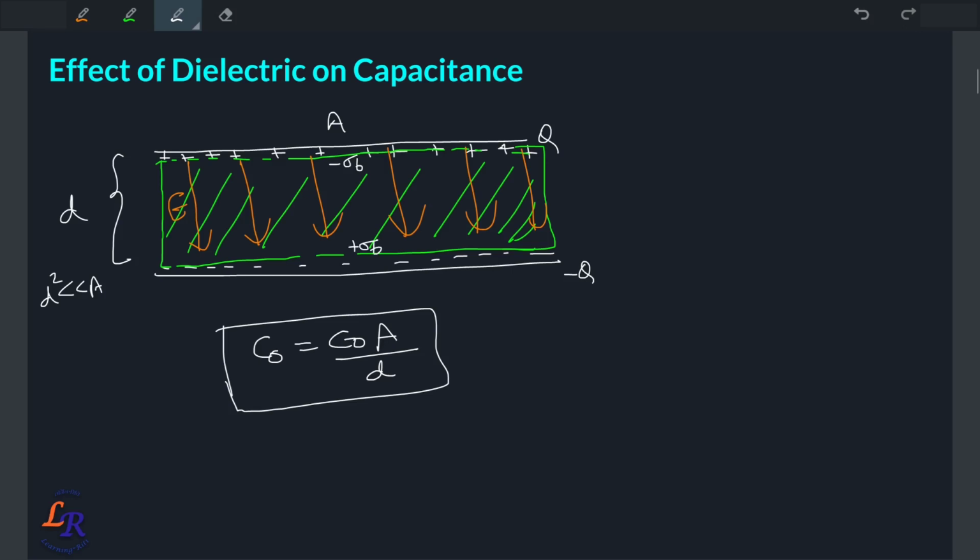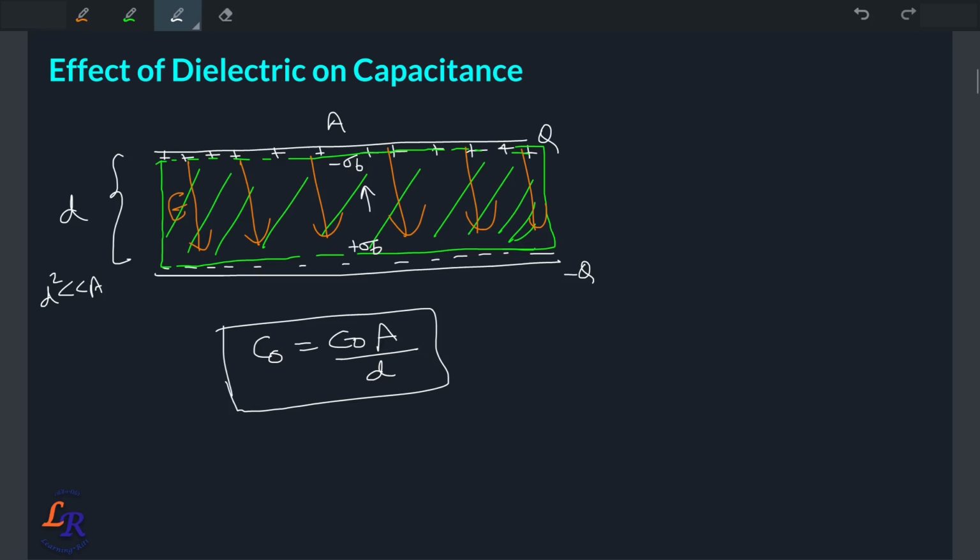So let's write the bound charge density as sigma b. The bound charges generate an electric field in the opposite direction, so the effective electric field inside the dielectric material will change, as we had already discussed.